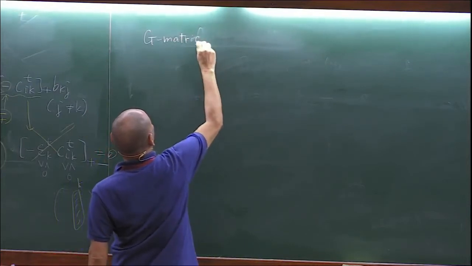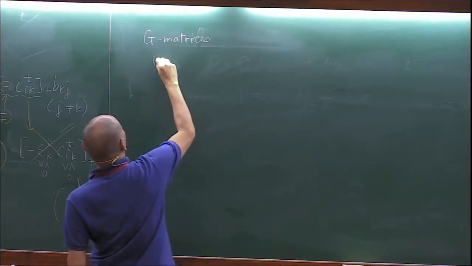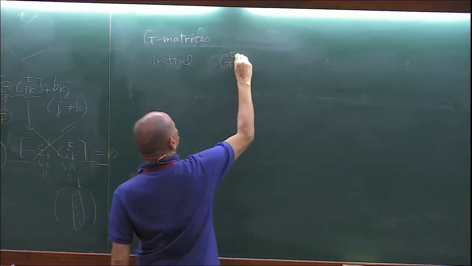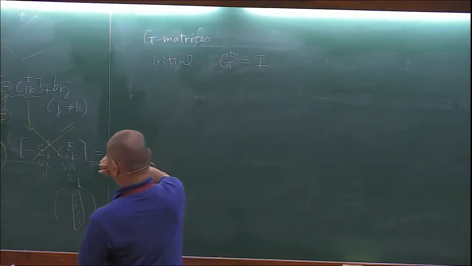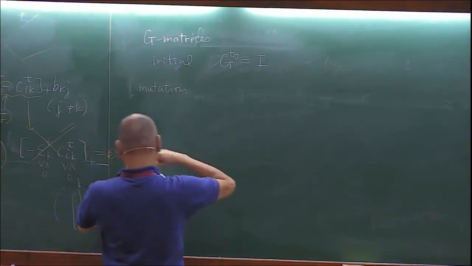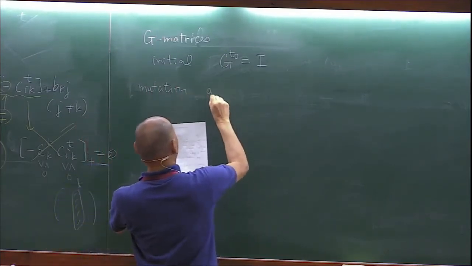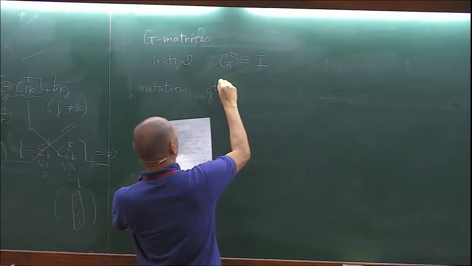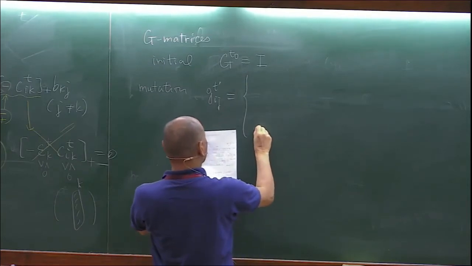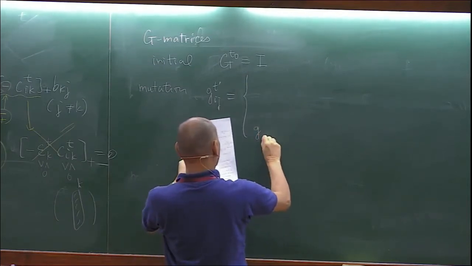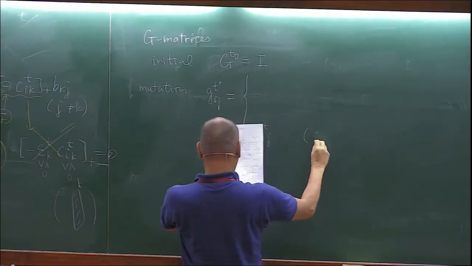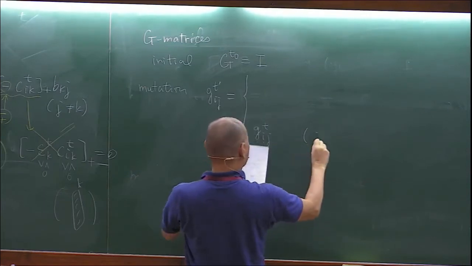These are determined by the initial condition such that G at t0 is the identity matrix, and the mutation formula is not simple at all. This one is simple: g_ij t if j is not k.